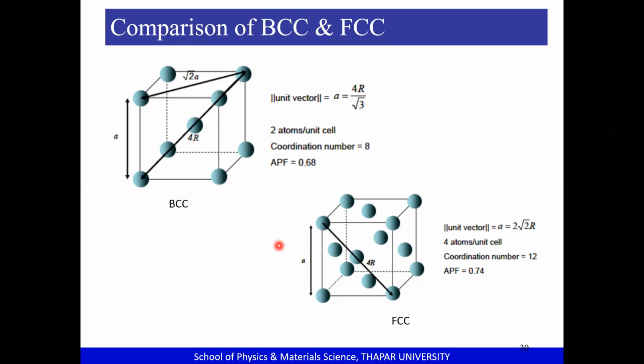Its coordination number is 8 and its atomic packing fraction is 0.68. While for FCC, the correlation between A and R is A is equal to 2 under root 2 R. 4 atoms makes the unit cell. The coordination number is 12 and its APF is 0.74.